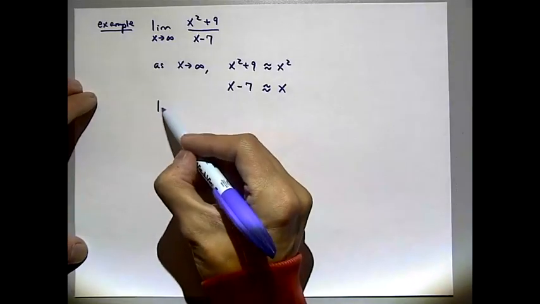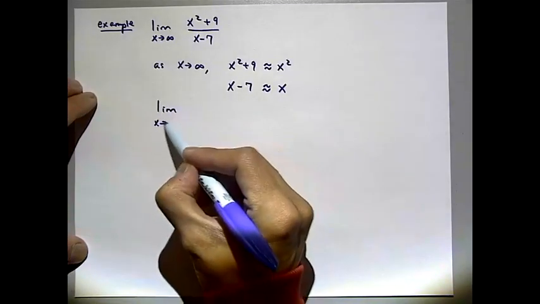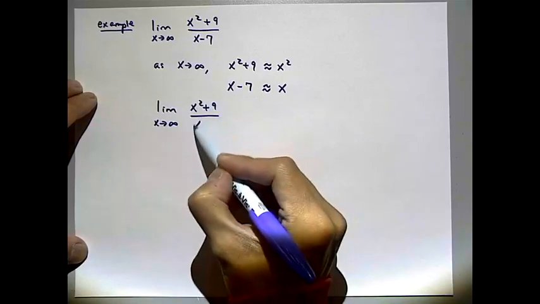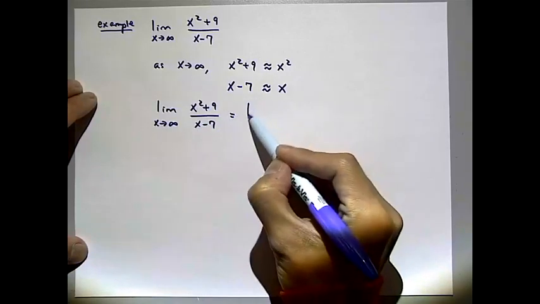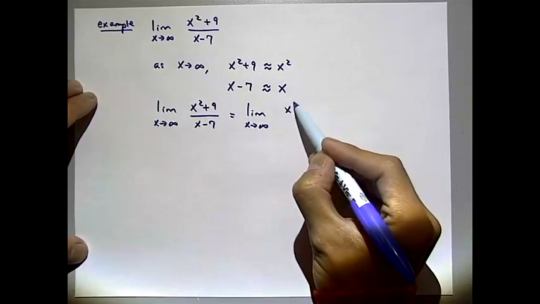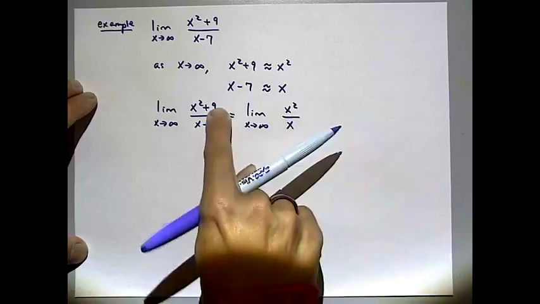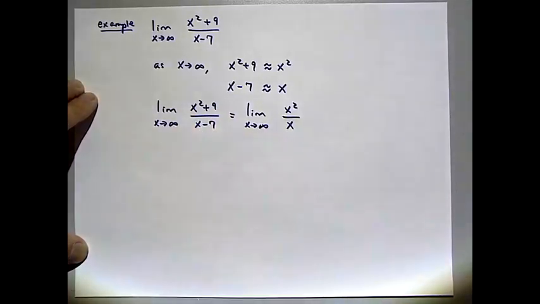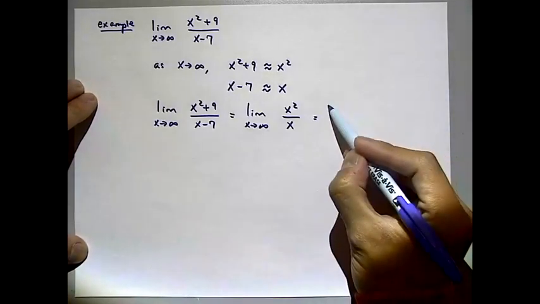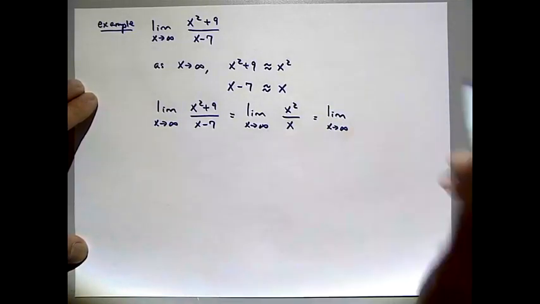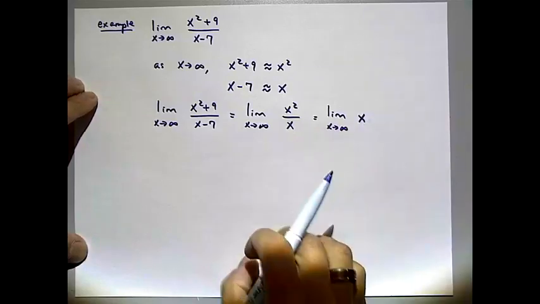So therefore, the limit of this thing here is going to behave just like the limit of x squared over x. Once again, these numbers added and subtracted to super large numbers don't make a difference. And that eventually is going to behave just like x.